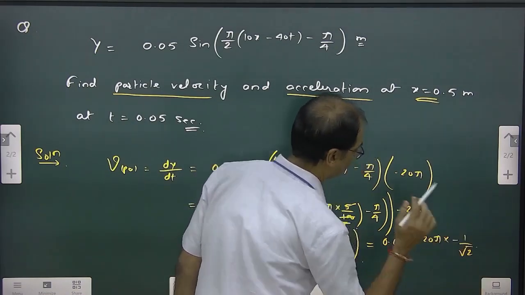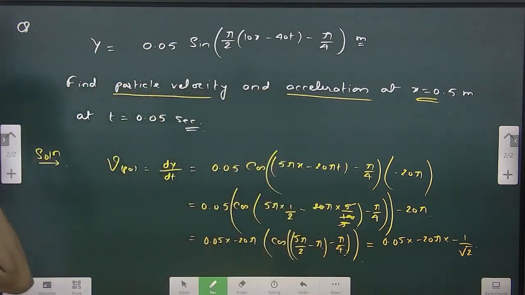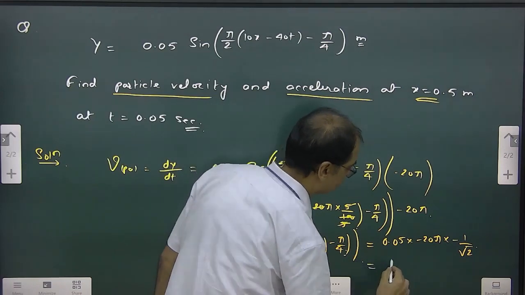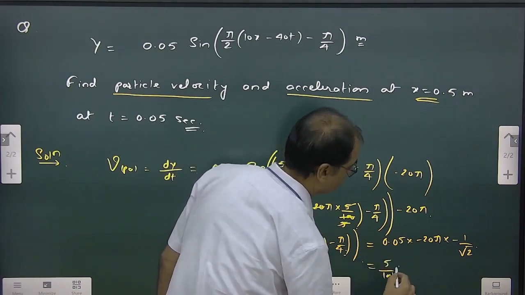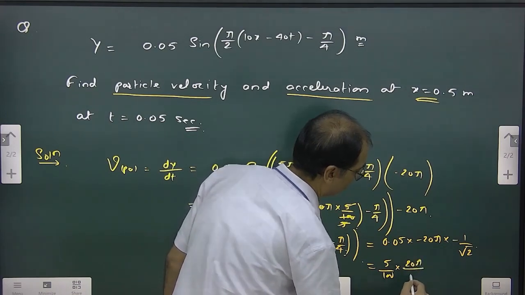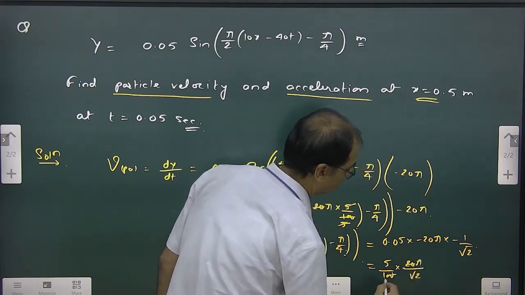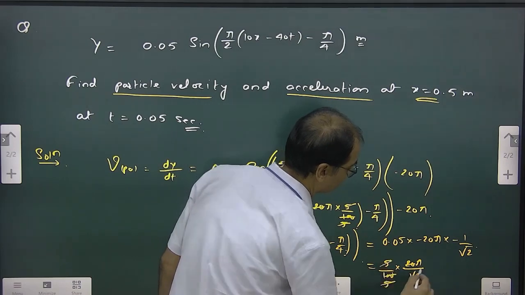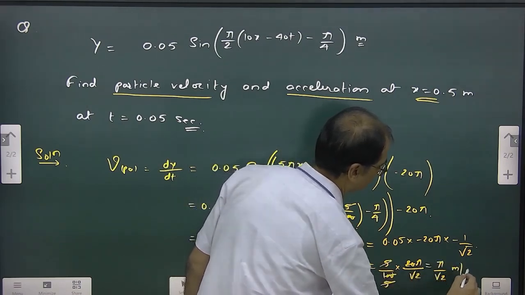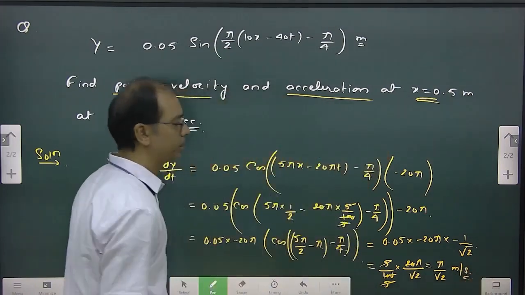Please check what I am doing. Can you make a mistake? The 0.05 again I can write as 5 by 100 into, this is all positive now, 20 pi by root 2. So 5 and 5 cancel. So pi by root 2 is coming positive. This is the velocity of the particle.